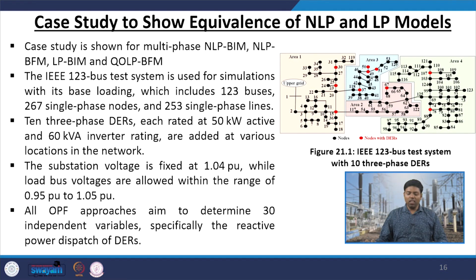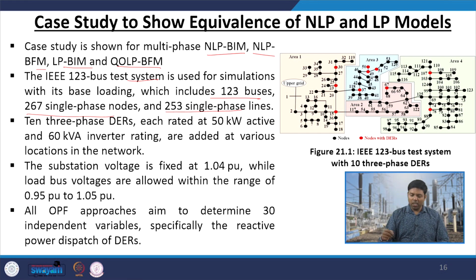So, we have done a case study on the IEEE 123 bus test system for this NLP-BIM, NLP-BFM, LP-BIM and QOLP-BFM. This is a 123 bus system which has 123 buses, 267 single phase nodes and 253 single phase lines.